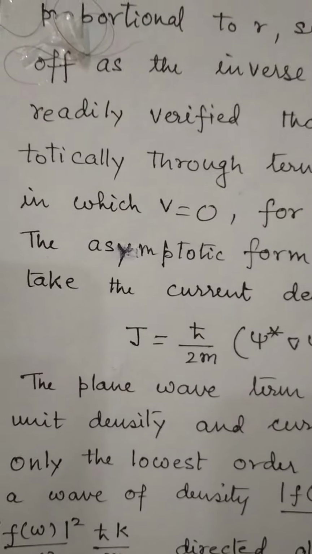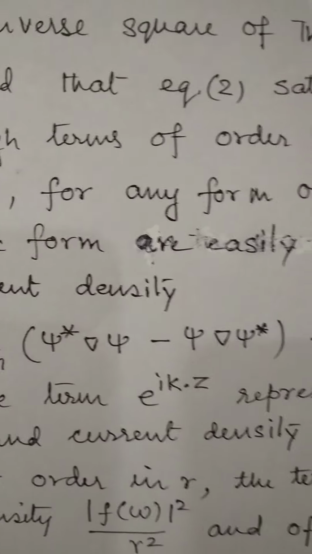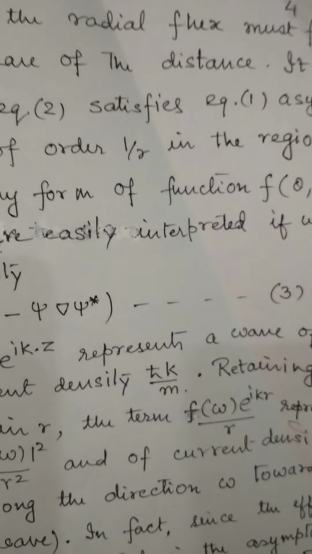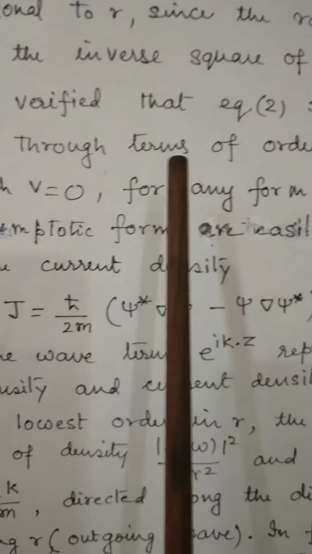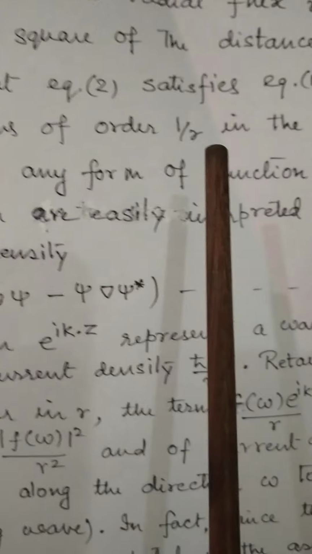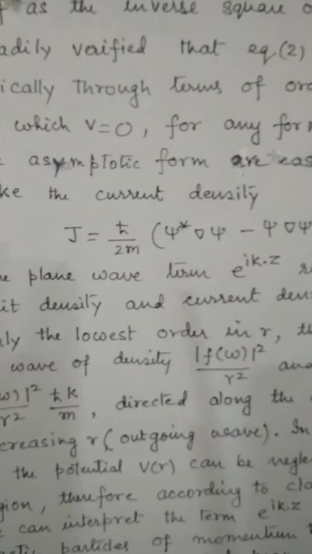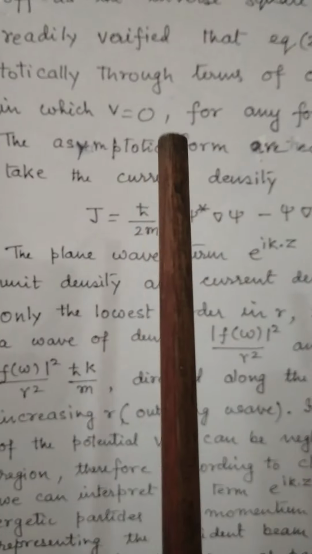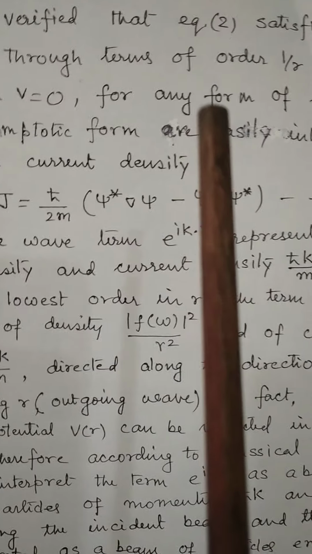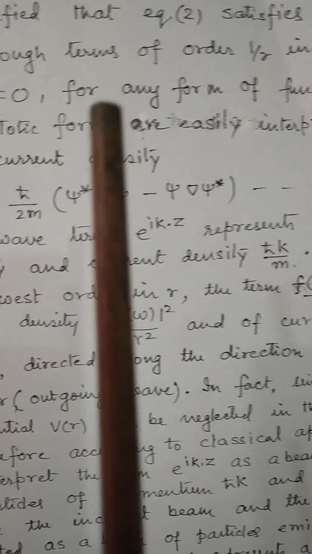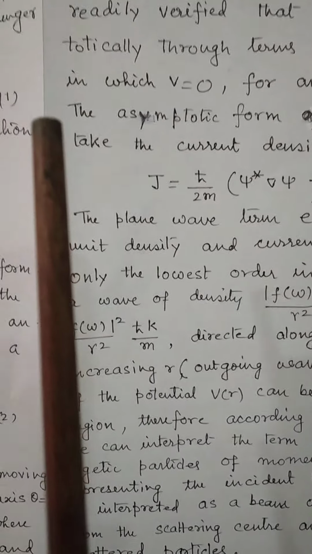Now, it is readily verified that equation 2 satisfies equation 1 asymptotically through terms of order of 1 by r in the region in which V equal to 0 for any form of the function f, a function of theta and phi.